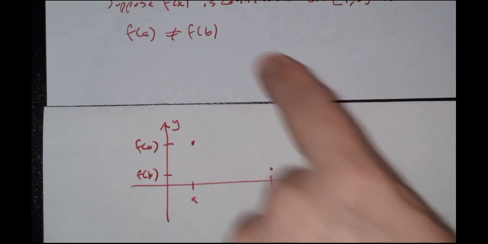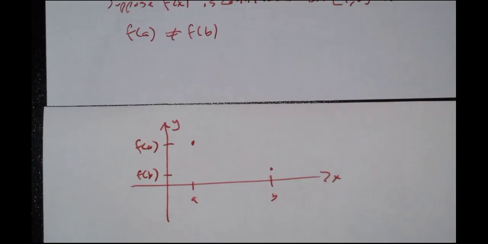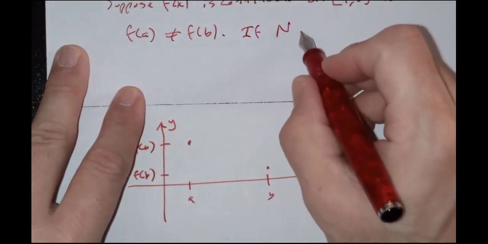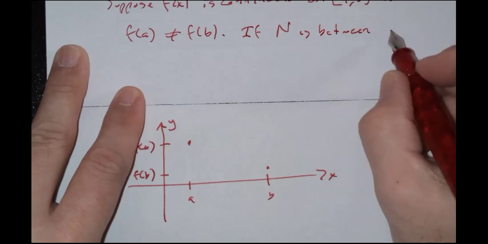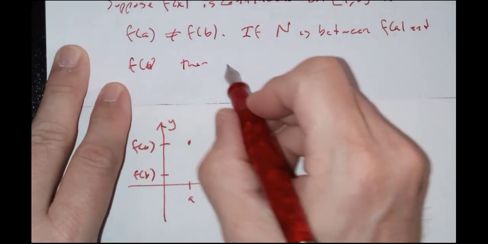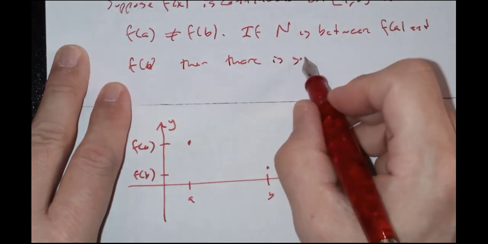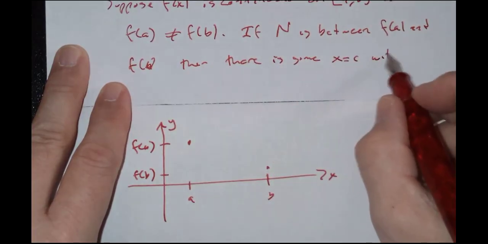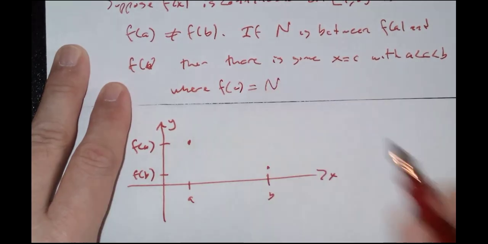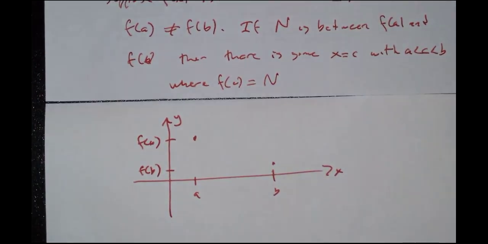Here's the statement that goes with this. If you pick any value between these two, I'm going to call it n, then there is some x value between a and b that gets that y value.